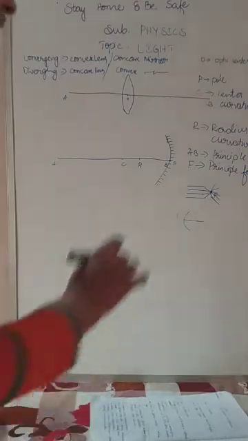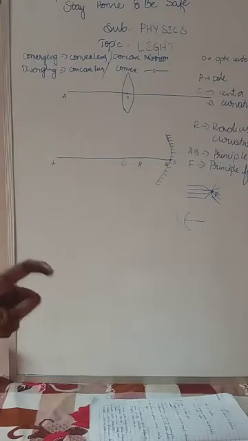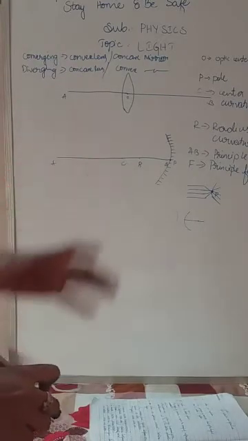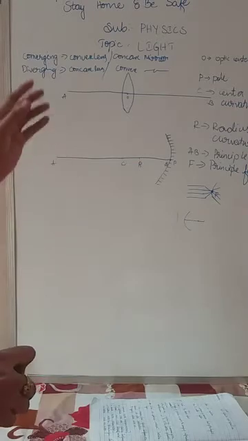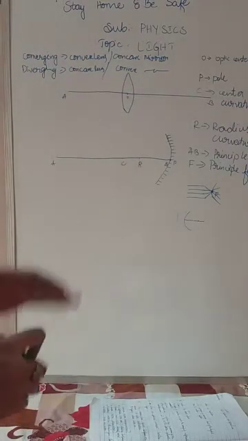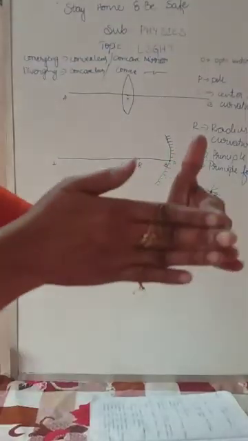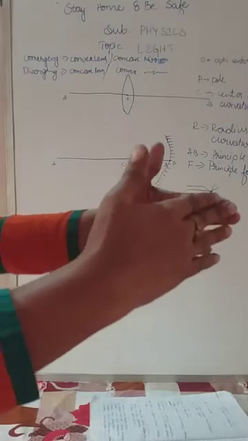Here we can give two definitions for the principal focus in both the lens and the mirror. What is meant by the principal focus of the convex lens, the converging lens? I told you already, converging means joining each other.